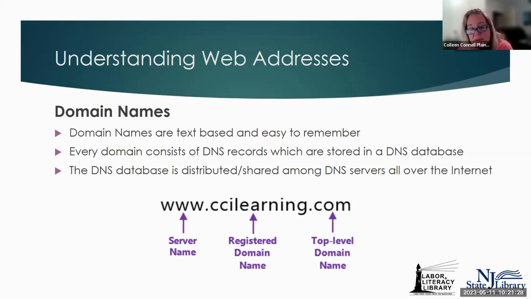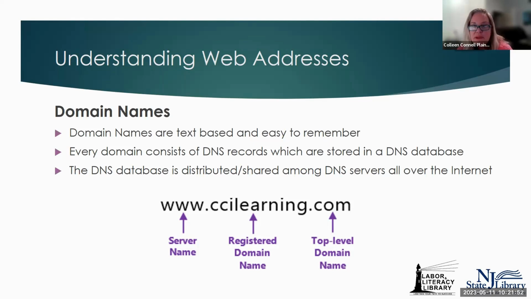So can anyone tell me what they think the domain name or the DNS for the New York Times newspaper might be? Take a guess. I'm guessing, Kristen. I'm guessing the domain name would be like NY Times. Exactly.